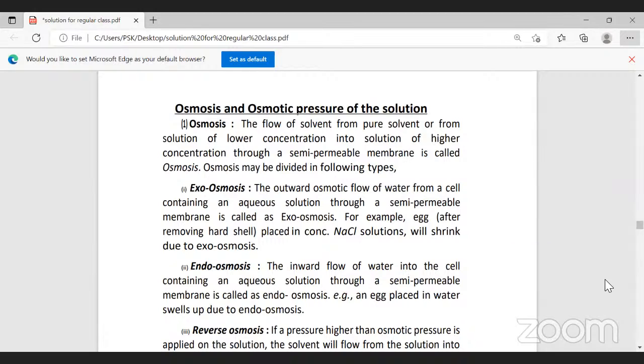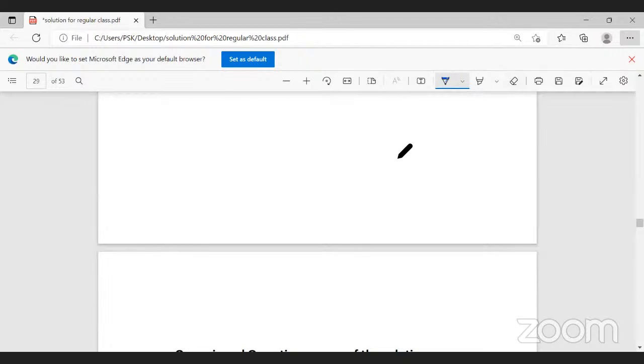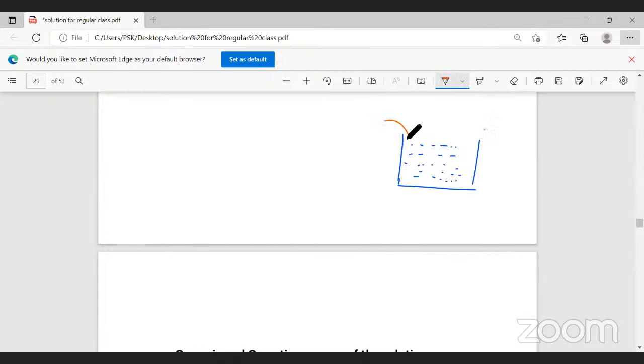All right. So the next colligative property is osmosis and osmotic pressure. Now, what is osmosis? We will learn about osmosis a little later. First, you tell me, I take a glass of pure water, and into this pure water, assume that we are adding a drop of ink.